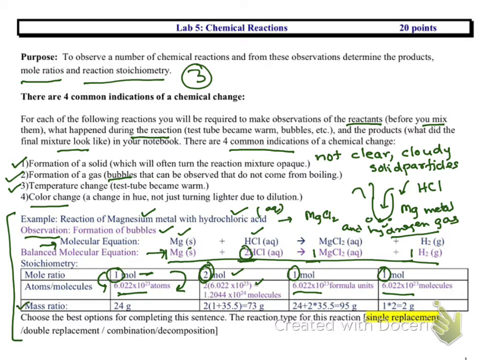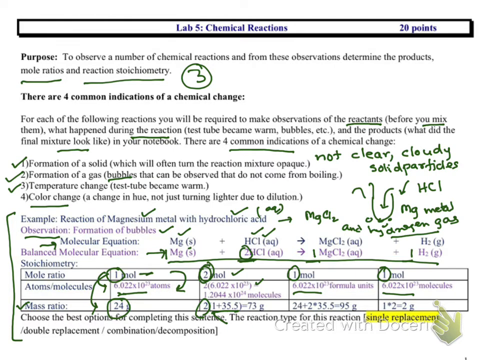Now in my third row, I'm going to convert these moles to grams. Magnesium atomic mass is 24 AMU if I'm talking about an atom. But if I'm talking about 1 mole of magnesium atoms, that means 24 grams. For HCl, I will take the mass of hydrogen in grams, 1, chlorine is 35.5, 1 plus 35.5 is 36.5, 36.5 times 2 is 73.